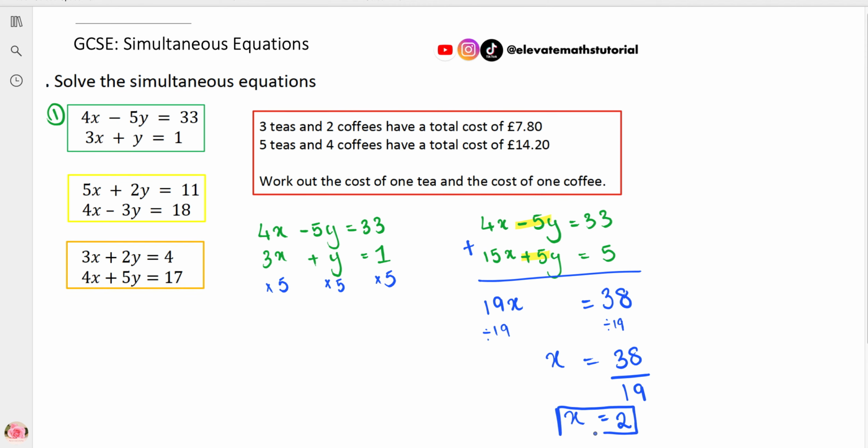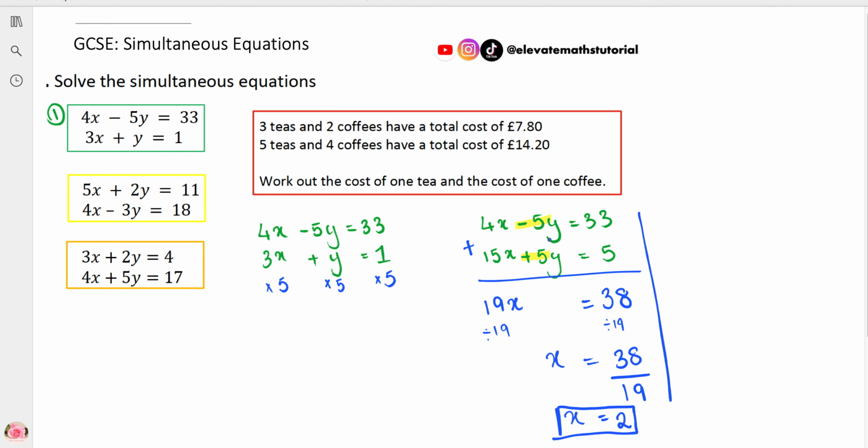How many times does 19 go into 38? That's 2. Once you have that, you can plug it into either the first equation or the second equation. I'm going to choose the second one because the numbers are a bit smaller and nicer to work with. You can choose the first one or the second one, it will give you the same answer. And whichever you left, you can use that one at the end to check whether your answer is actually correct.